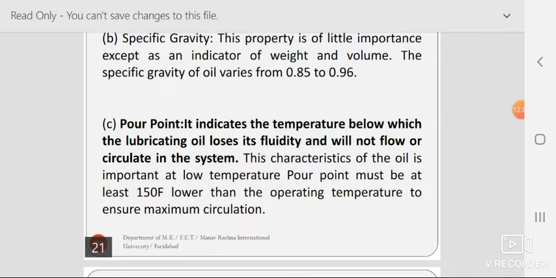The pour point must be 150 degrees Fahrenheit lower than the operating temperature in that country. The pour point of the same engine in Canada should be less than the pour point of the same engine in India, because in Canada the temperature goes to minus 20 degrees centigrade. In India, in Delhi, the temperature goes hardly to 2 degrees centigrade or 1 degree centigrade. So the pour point definition is different for Canada and different for Delhi. It is to be worked out accordingly.